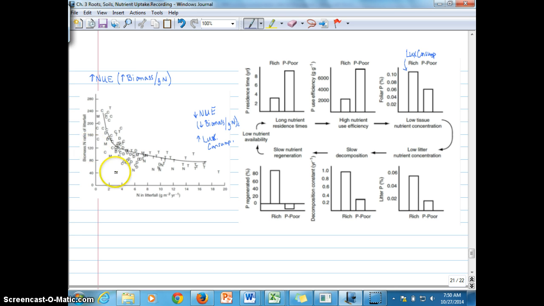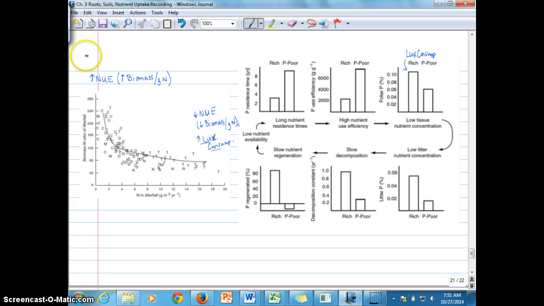That's being compared to the biomass to nitrogen ratio of the litter fall. When litter is high in nitrogen content per area, it has a lower relative biomass. In other words, the biomass is more highly concentrated in nitrogen, and that might reflect what we see here as luxury consumption.